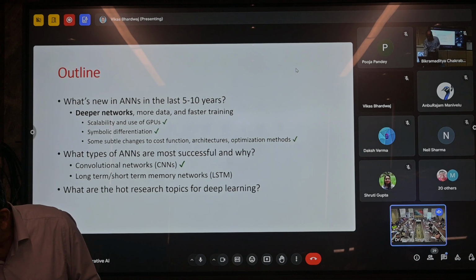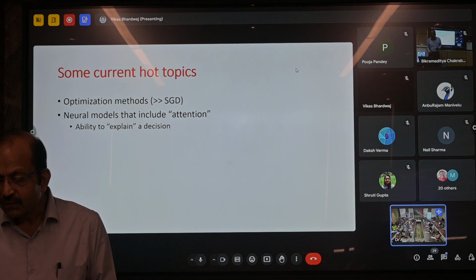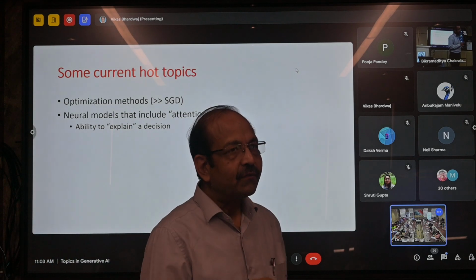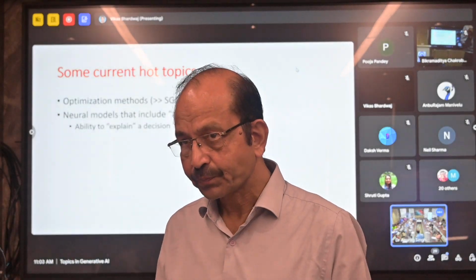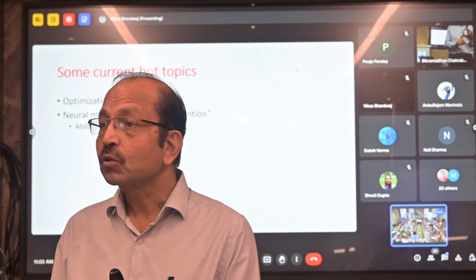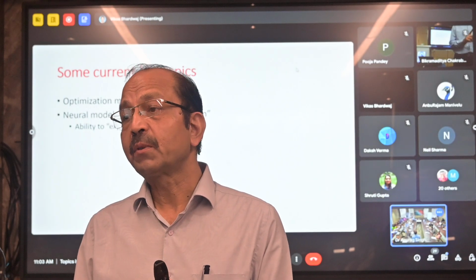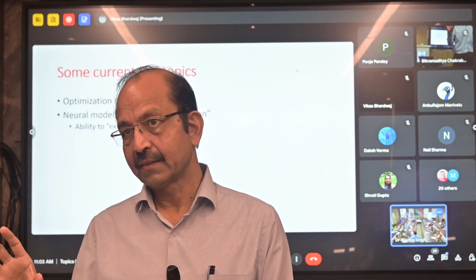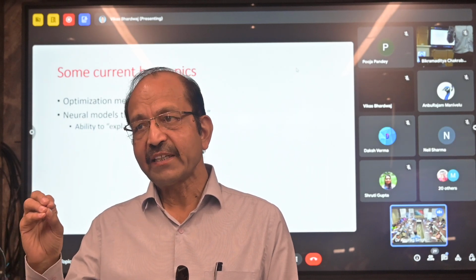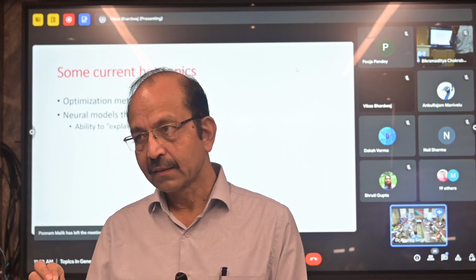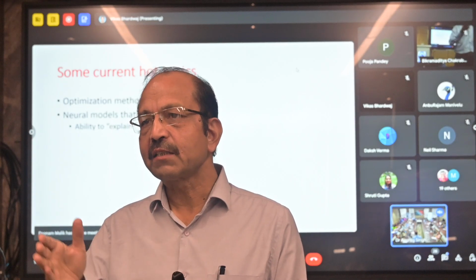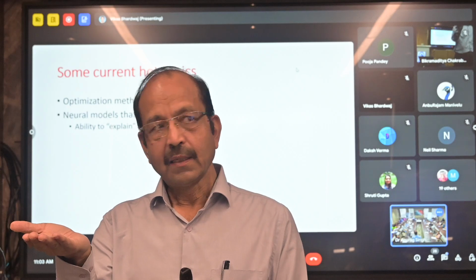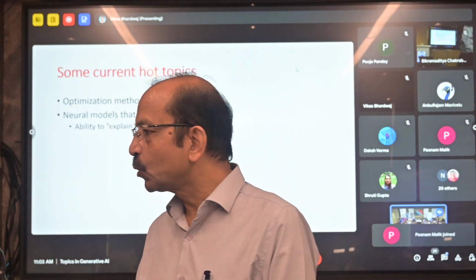But if you are interested, I can tell you two important areas where you can do some research. One is how to solve this optimization problem, because ultimately you have to learn weights. One of the disadvantages of the gradient descent method is that you may get stuck in local minima. So how do we come out of this local minima?